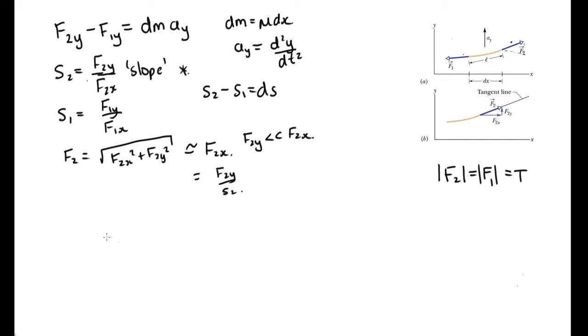Now we can do the same thing for F1. F1 is approximately equal to F1x, which is equal to F1y on S1. So now, using that F2 and F1 have the same magnitude, let's substitute into the top line up here. So F2y is equal to F2 times S2.